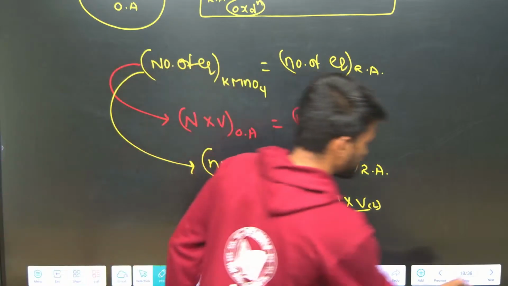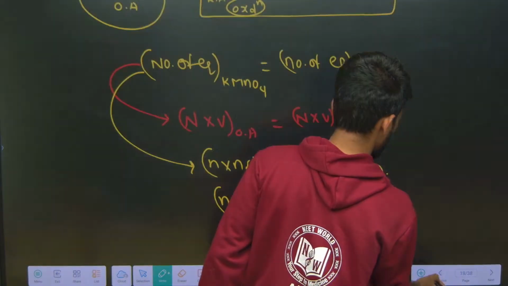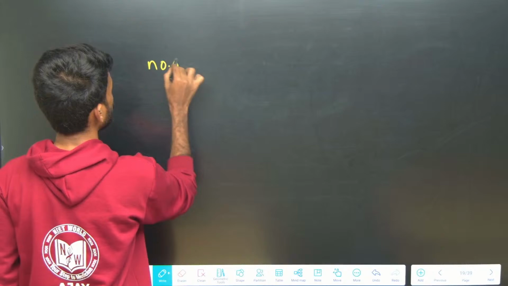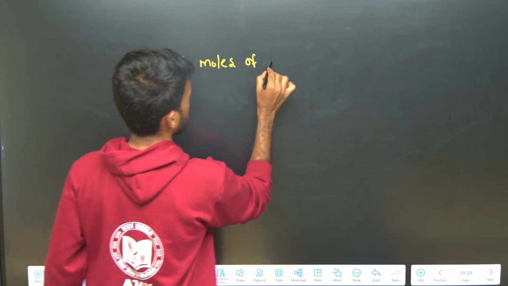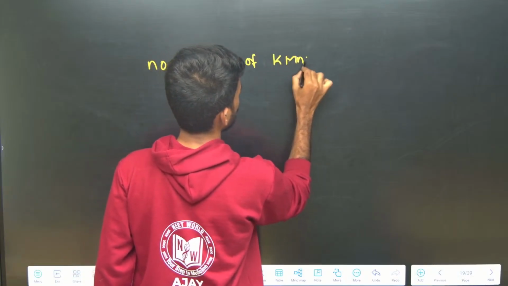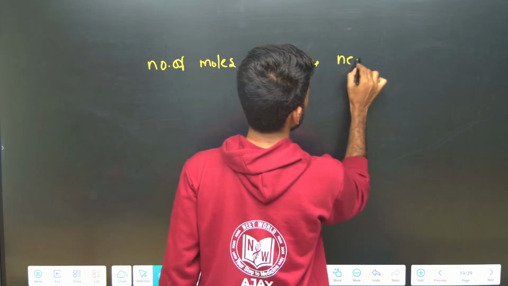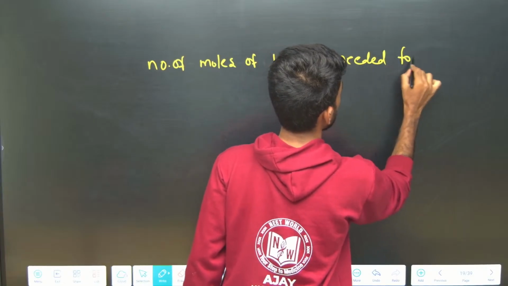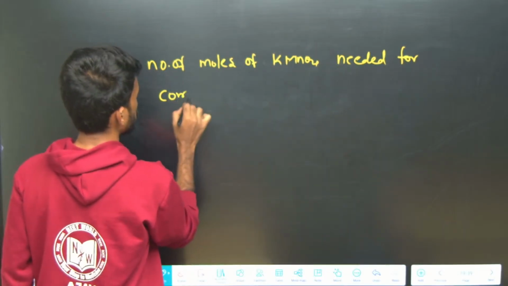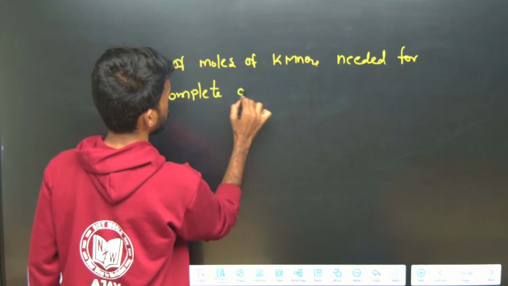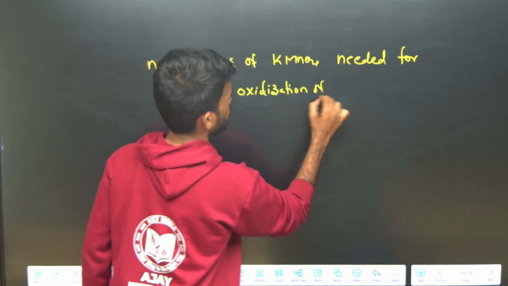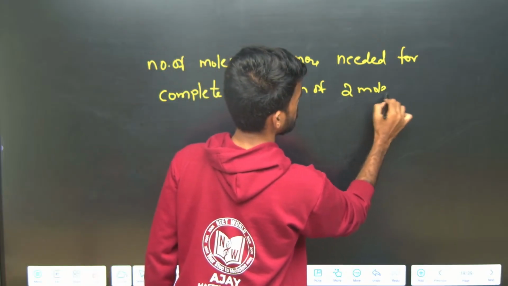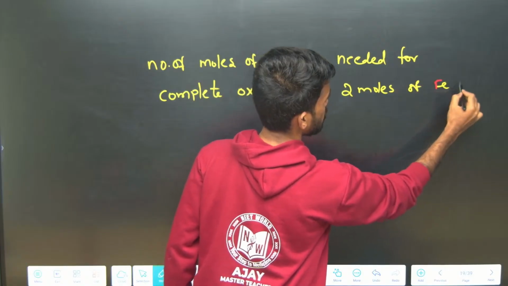Okay, right. So if you want, I will give you one question. Tell me your answer. Number of moles of KMnO4 needed for complete oxidation of 2 moles of ferrous oxalate.